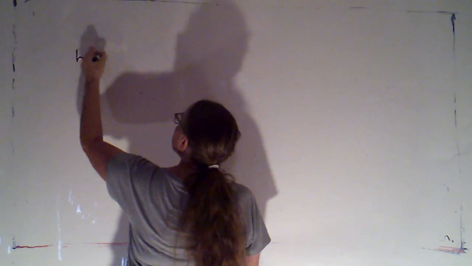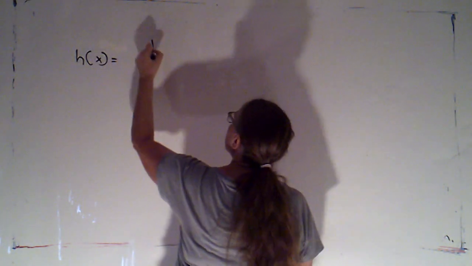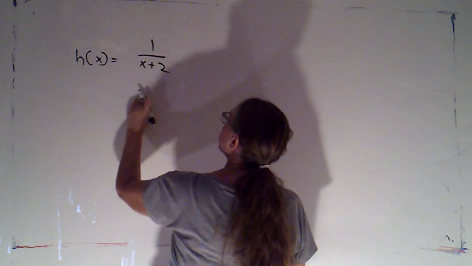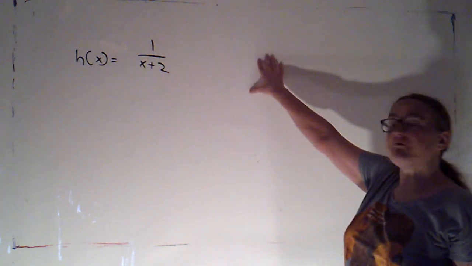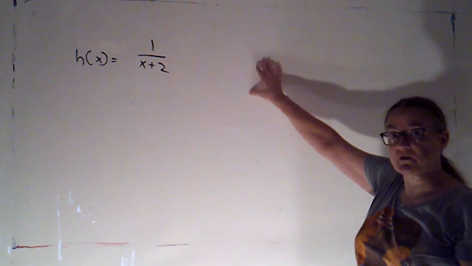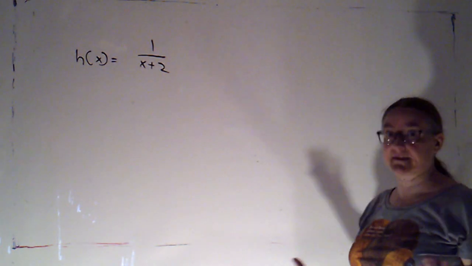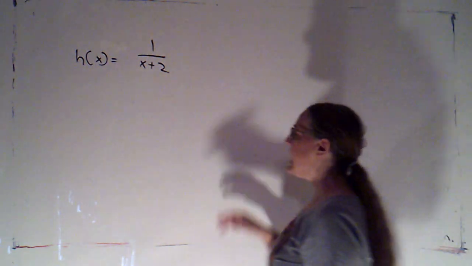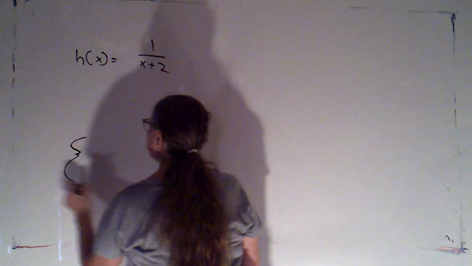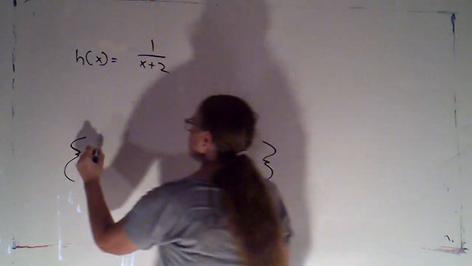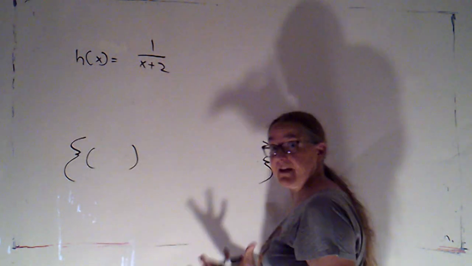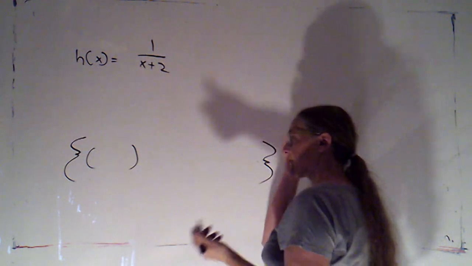Let's let h of x equal 1 over x plus 2. I want you to find a formula for the inverse, or explain to me why the inverse doesn't exist, if that's the case. And then I'm also going to give you a function this way. Remember, a function is just a set of ordered pairs, so that each x has a unique y.